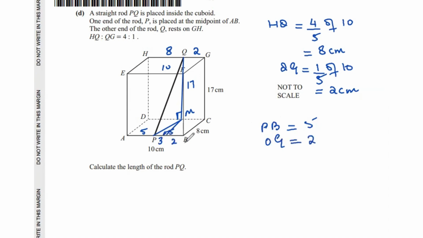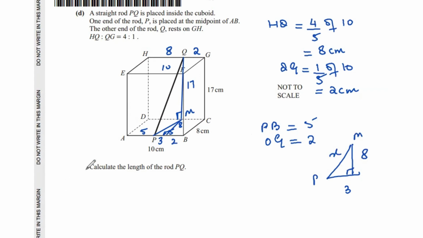This is 3, this is 2. And this length connecting this point and M is 8. So if you draw a triangle, 8, 3, this is P and this is M. This is what we're trying to find.